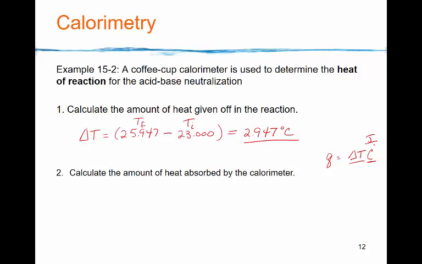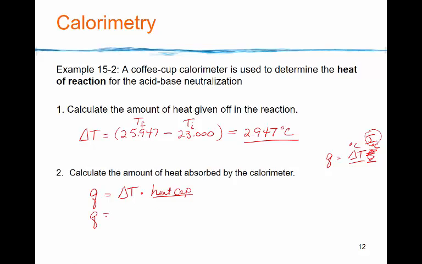Because the heat capacity is joules per degree C, and delta T is degrees C, and so that's going to leave us with joules. Sorry, C is specific heat. The heat capacity is another Q, and that's why I'm not going to write it, because it gets confusing.